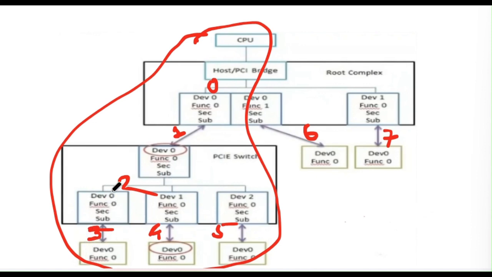This is the P2P connection. So this is device 0, device 1, device 2, and each has its function 0, because the first function enumerated on any device is F0.